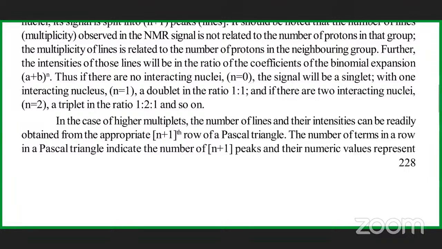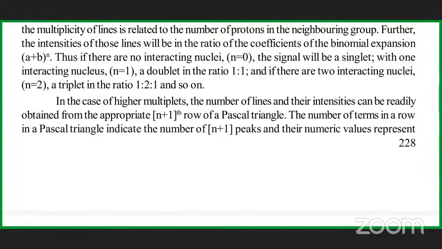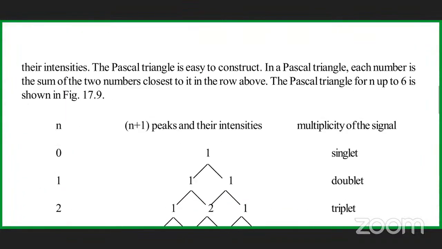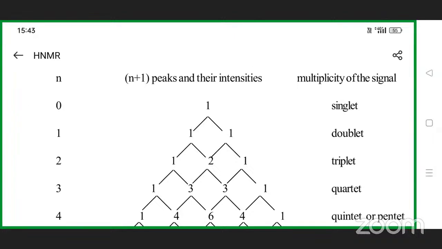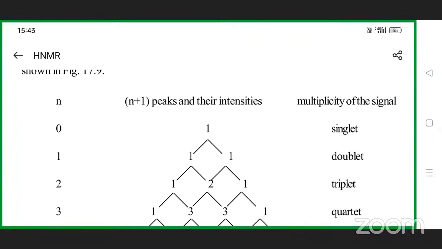According to the n plus one rule, if n is one, then (a + b) to the power of one gives only one each, so it is 1:1. For a singlet, generally, it is only one signal, so there is no comparison between signal intensities.